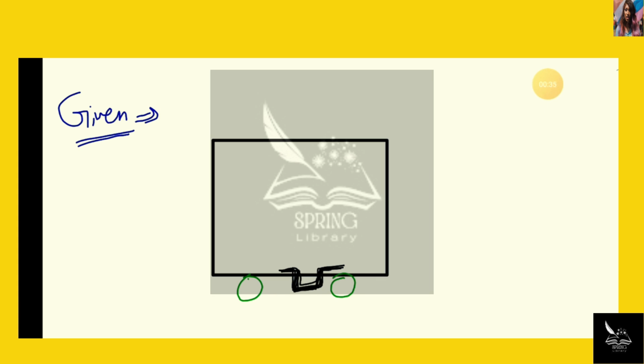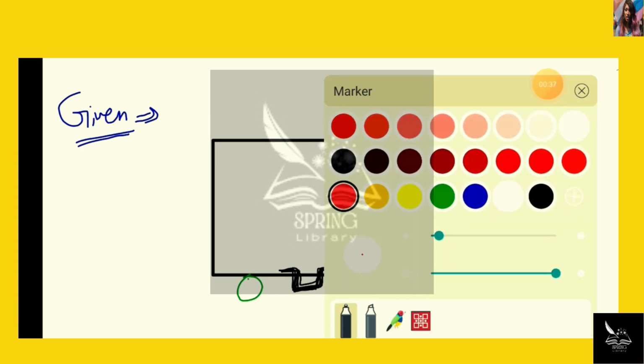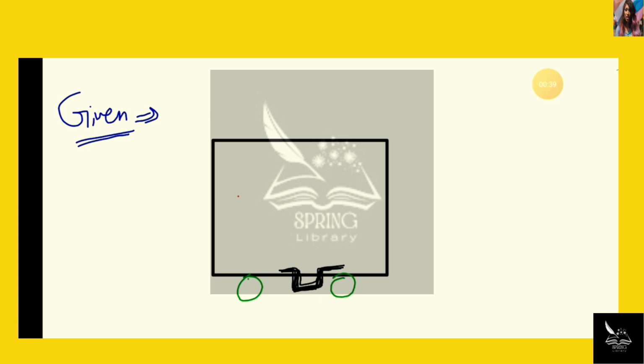Now the question says that there is a pendulum bob in the figure, which is connected to the roof of the cart.